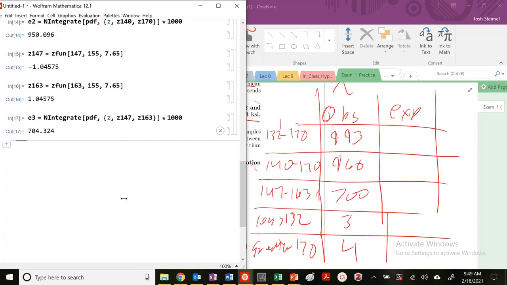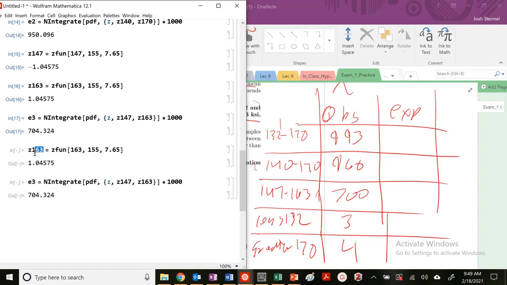So now here comes the cool one. I'm going to calculate Z132. I'm going to copy this line. Now I need to figure out how many samples are less than 132.